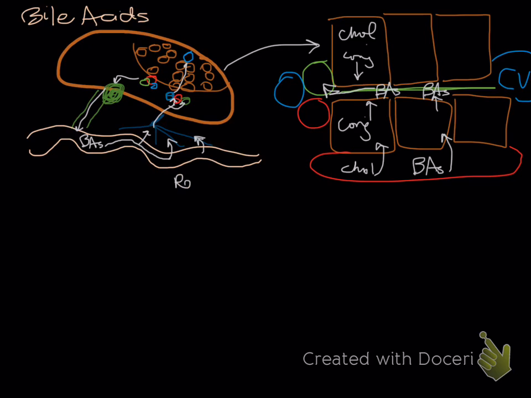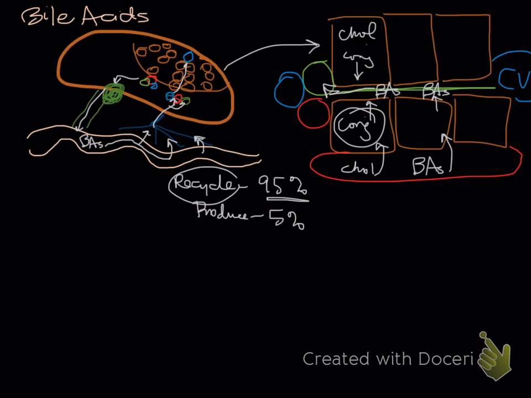So recycling of bile acids is around 95% of how we get bile acids, and then you produce around 5% of bile acids.